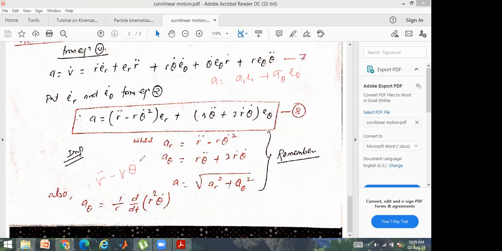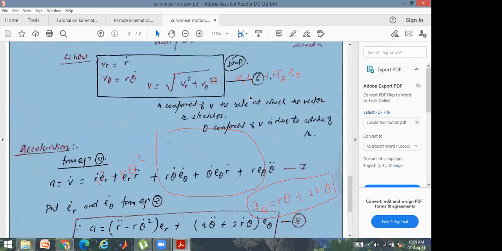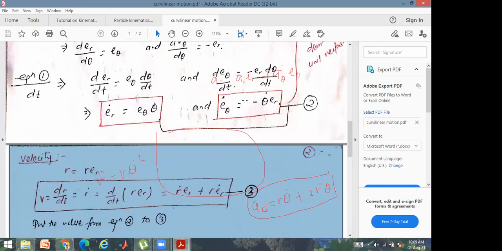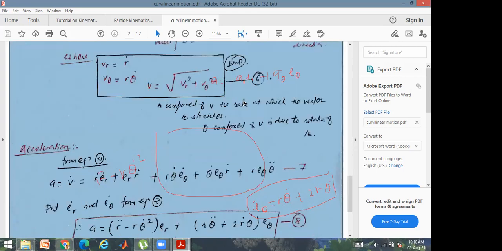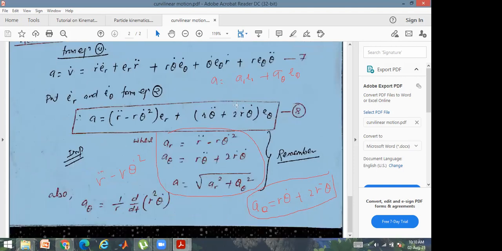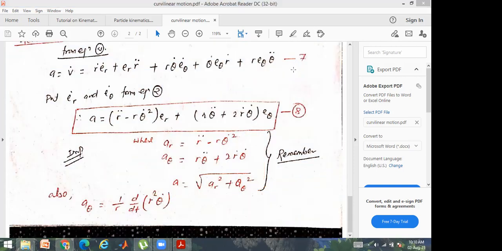Similarly a_theta भनेको के भएको भन्दाखेरि r theta double dot plus 2 r dot theta dot. यो एक्सप्रेसन याद गर्नु पर्यो तिमीलाई चाहिँ. a_r भनेको के हो, a_theta भनेको के हो, सिमिलरली v_r भनेको के हो र v_theta भनेको के हो यति कुरा तिमीलाई थाहा हुनु पर्यो. सिमिलरली a_n भनेको के हो, a_t भनेको के हो टेन्जेन्शियल र नर्मल कम्पोनेन्टमा, र r theta कोअर्डिनेट्समा a_r र a_theta भनेको के हो, v_r र v_theta भनेको के हो. a can be expressed as a_r times e_r plus a_theta times e_theta.